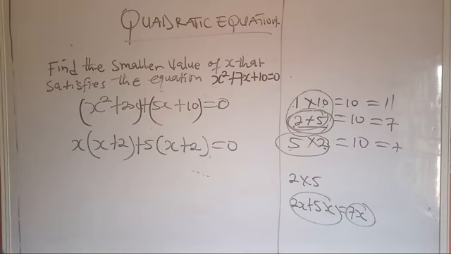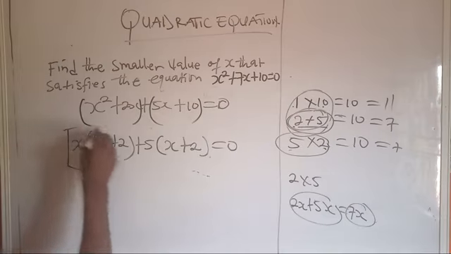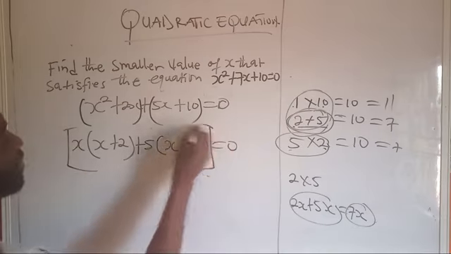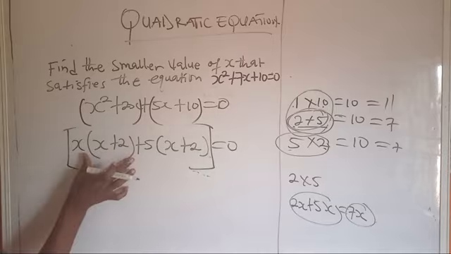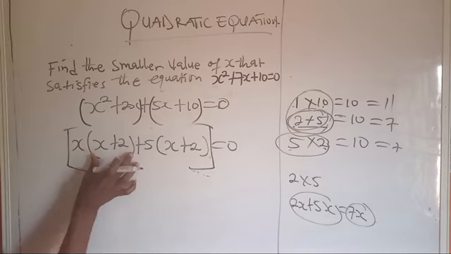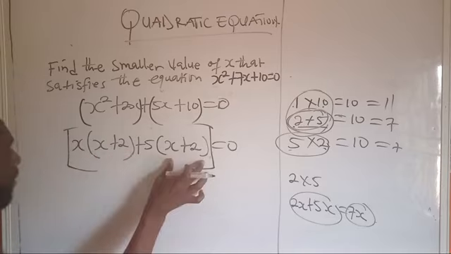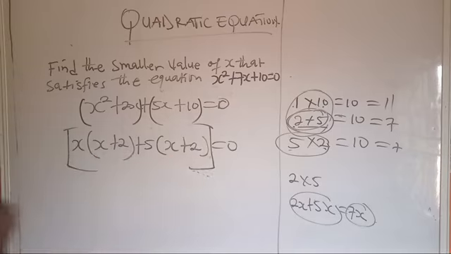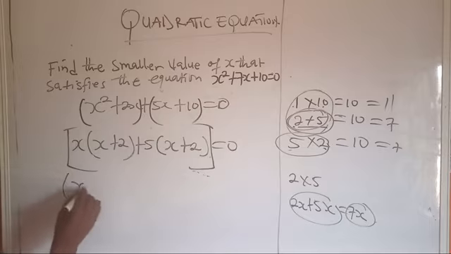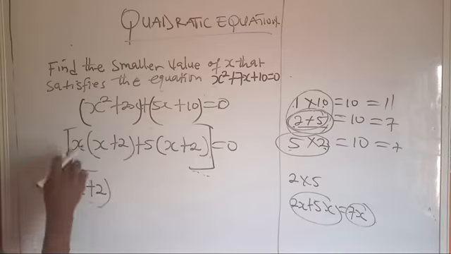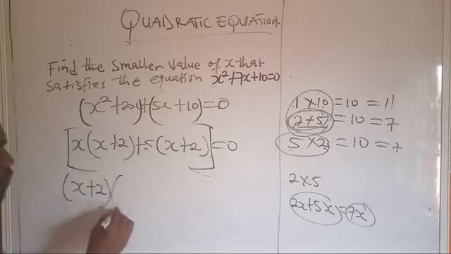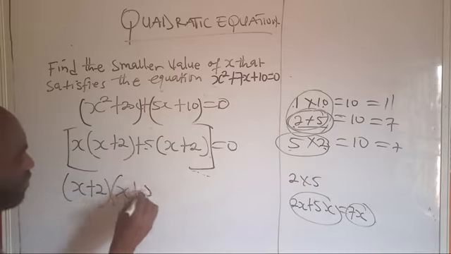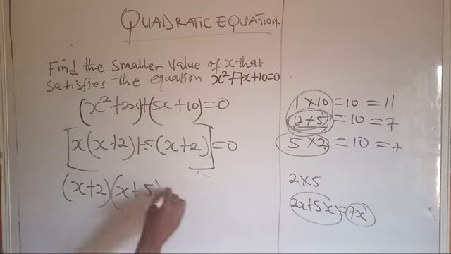After we know that we are correct, we're now going to insert a bigger bracket. From here you discover that since x plus 2 and x plus 2 are the same, we decide to take them outside. So we have x plus 2, and what is remaining inside is x and 5, so we use it to form the second bracket.